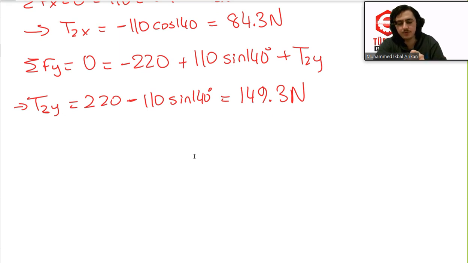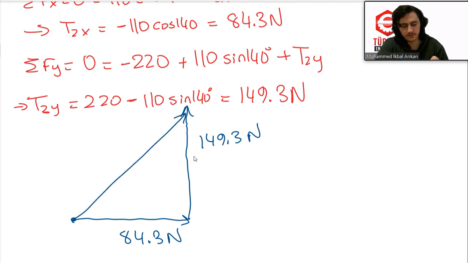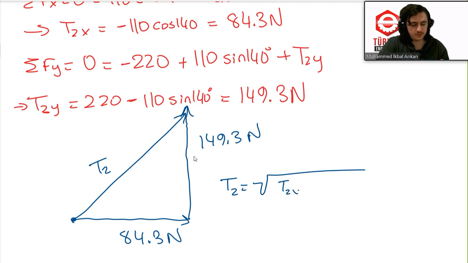So now I know T2x, which is the x component, and I know T2y. So I can put the vectors. So I have T2x, which is this one, and I have T2y. So I can calculate for T2. It will be just T2 will be equal to the square root of T2x squared plus T2y squared.